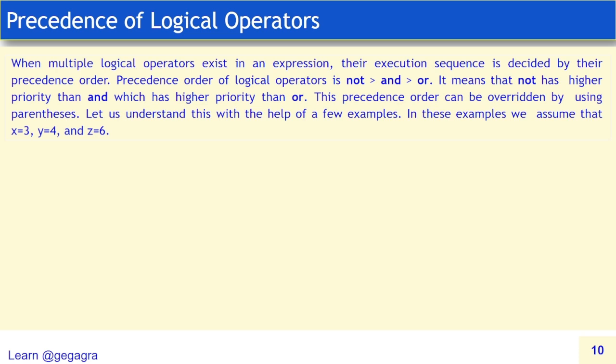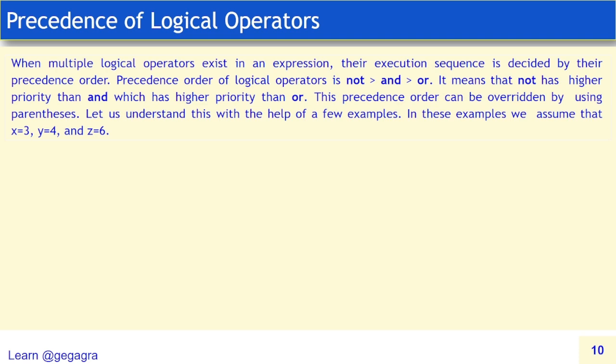When multiple logical operators exist in an expression, their execution sequence is decided by their precedence order. The precedence order of logical operators is: not is higher than and, and and is higher than or. It means that not has higher priority than and, which has higher priority than or.